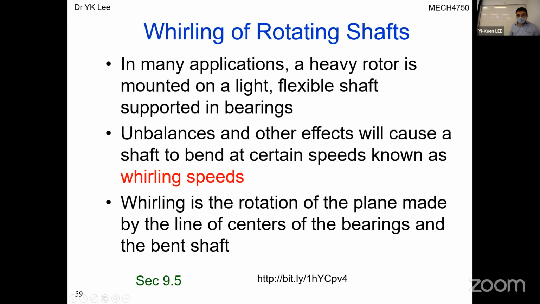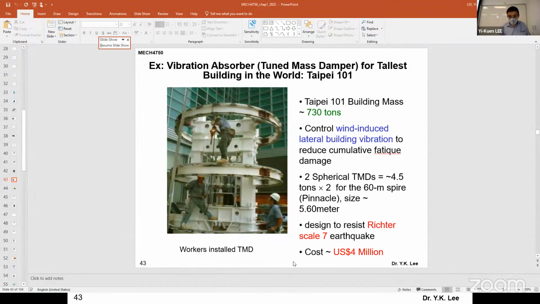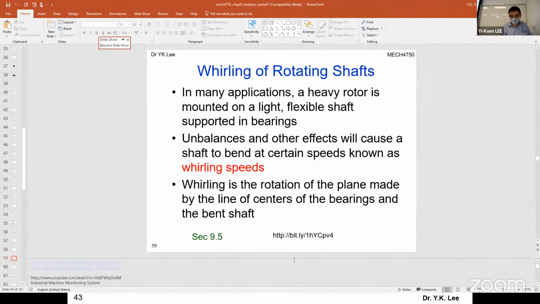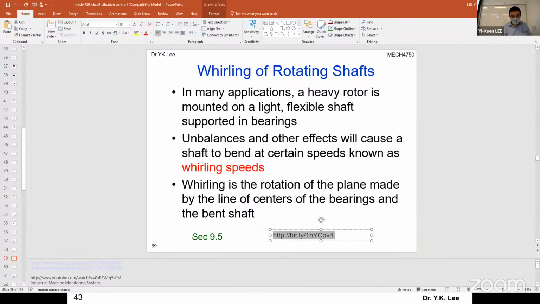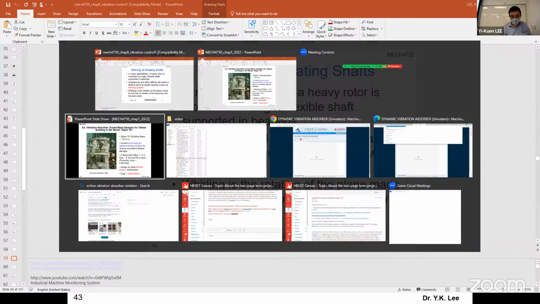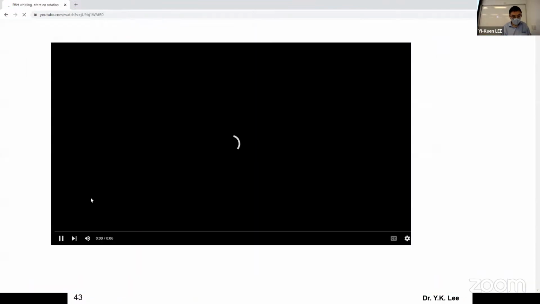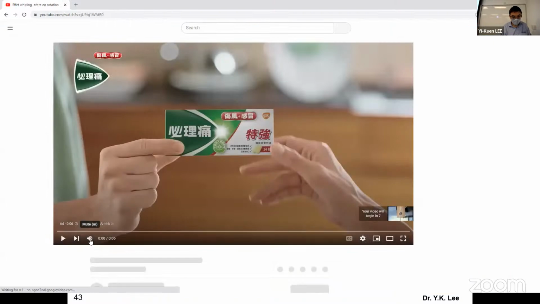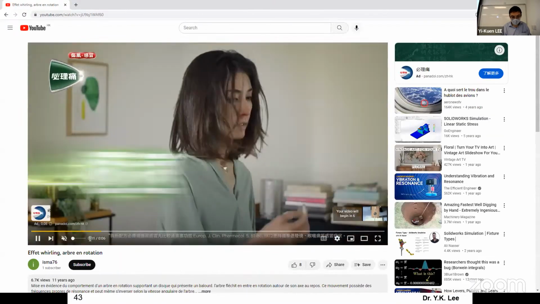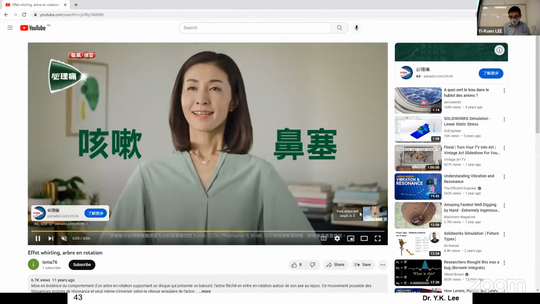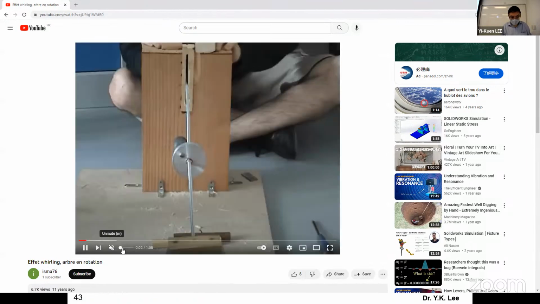Okay, let me show you another topic: rotating machines. Once you have a rotating machine, we have an additional vibration problem, the whirling.